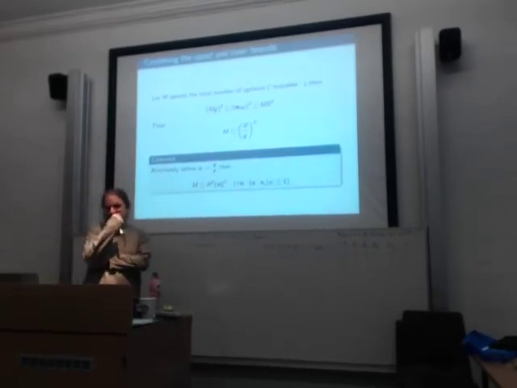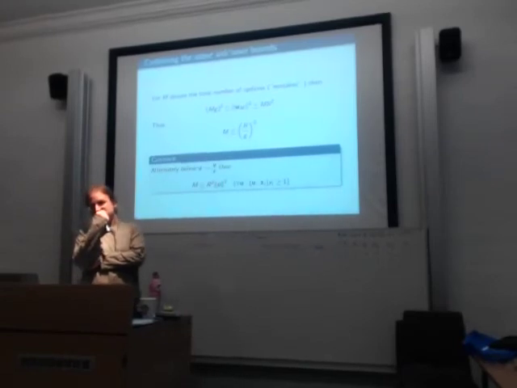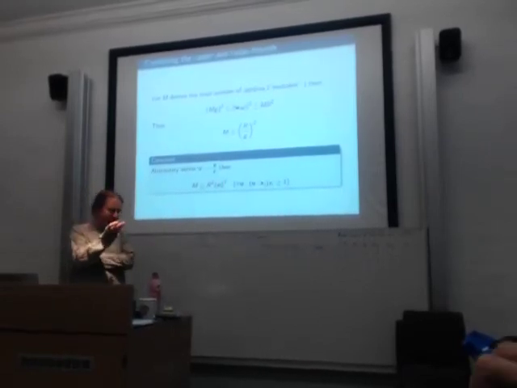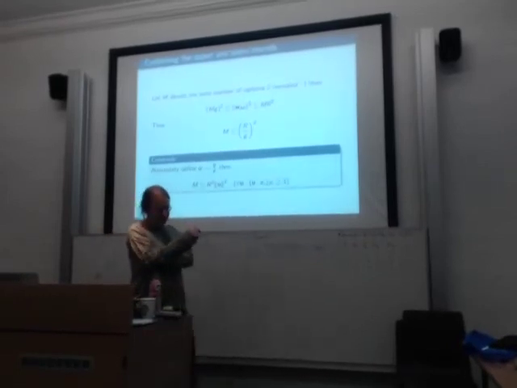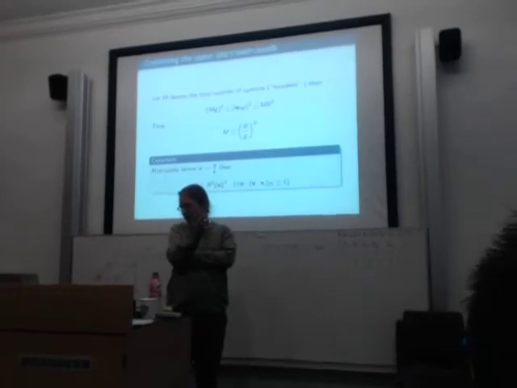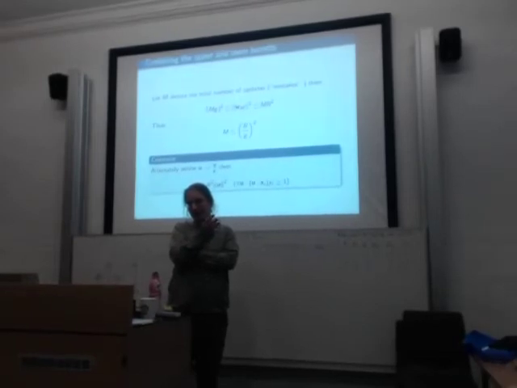Yes. What happens if the class is not linearly separable? So if the class is not linearly separable, two answers. One answer is you can prove a type of bound on the number of mistakes that the perceptron will make.